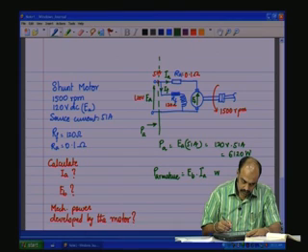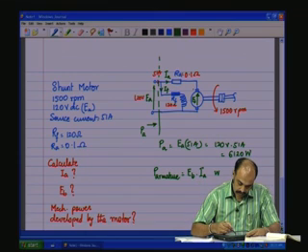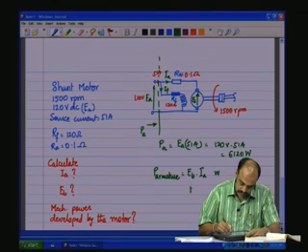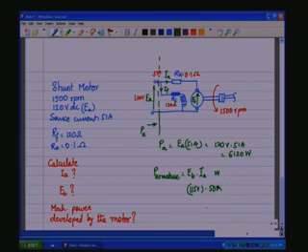So, EB into IA watts is nothing but this voltage which we calculated, which is 115 volts, into this current which is 50 amps, which is 5750 watts.